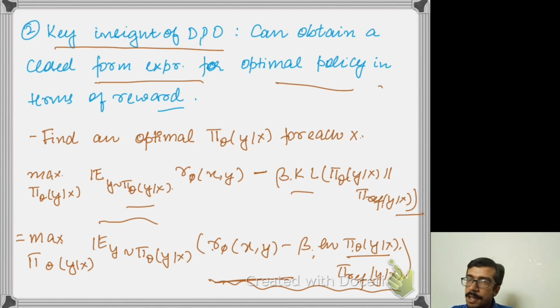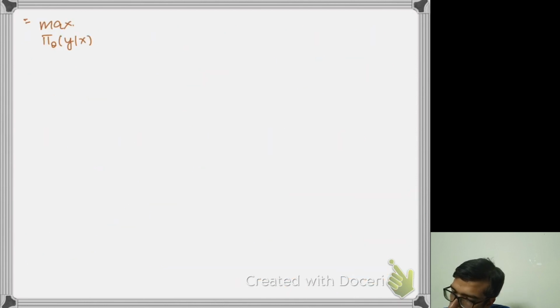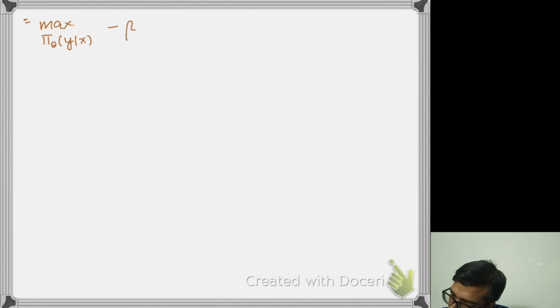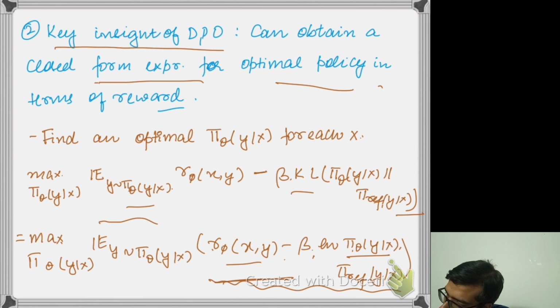In order to do that, first try to remove this minus beta. We can take this minus beta outside the expectation, and we'll also have to adjust for that in the r phi part. So let's do that. I'll take minus beta out. Right? Expectation is linear, we are using that assumption already.